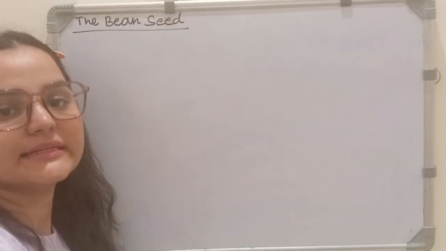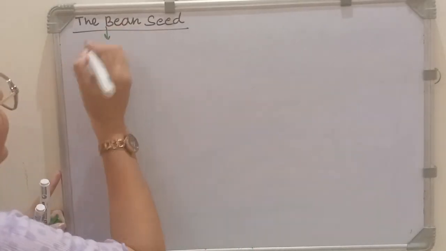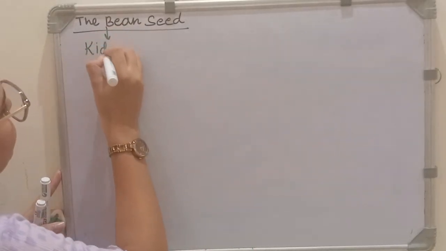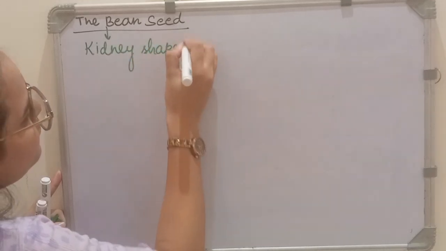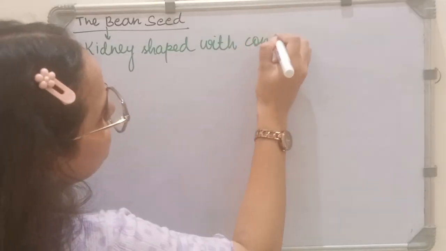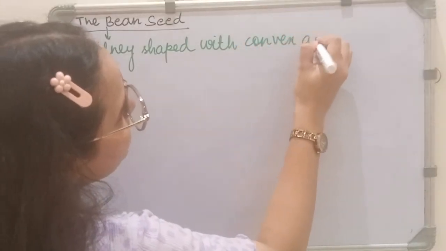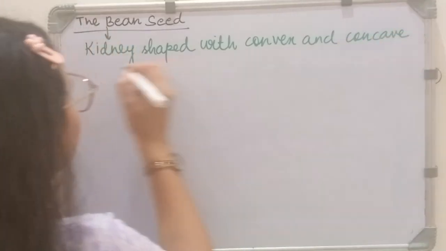Mostly the bean seeds are kidney shaped. So let's write they are mostly kidney shaped with convex and concave sides.